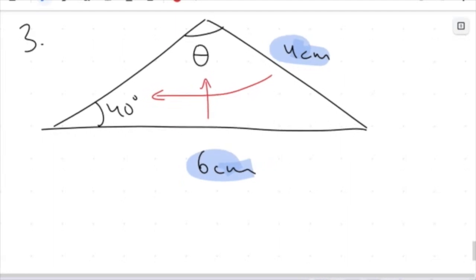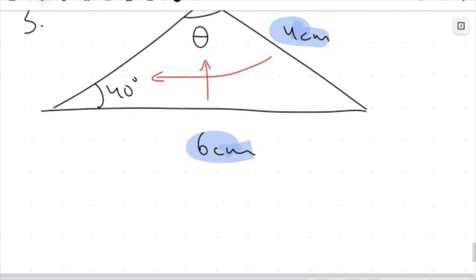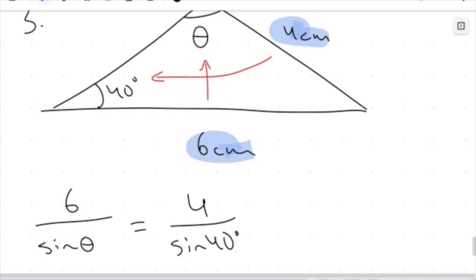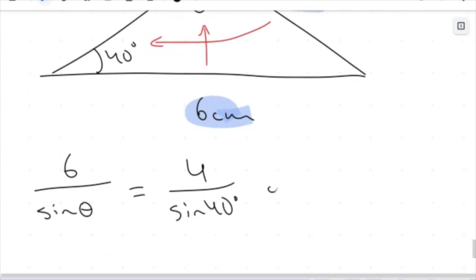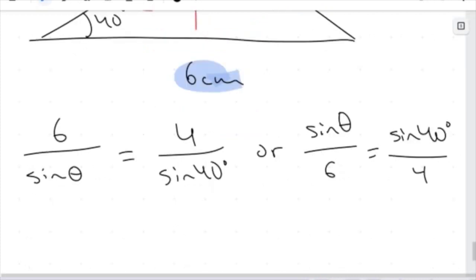So I'm going to set up my sine rule here. I'm going to say that 6 over sine theta equals 4 over sine 40. Now remember, if we want ease of calculations, we can also say sine theta over 6 is equal to sine 40 over 4.